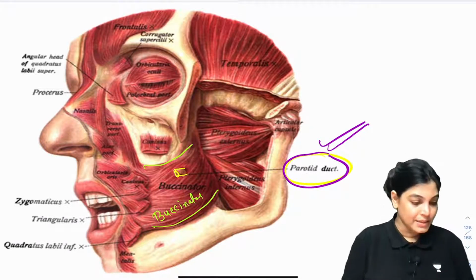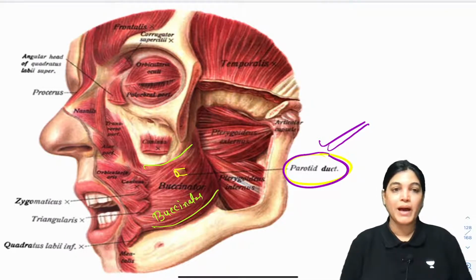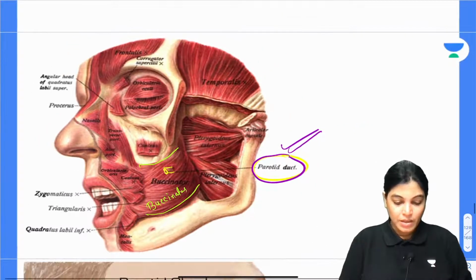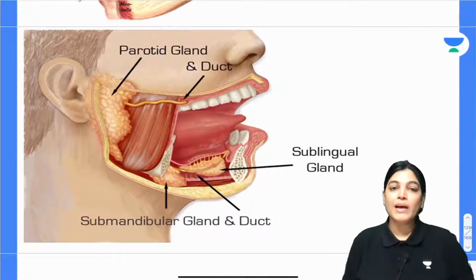So it is clear to you that the buccinator muscle is pierced by which duct? The parotid duct. Got it everyone? Now I also want to show you another diagram.